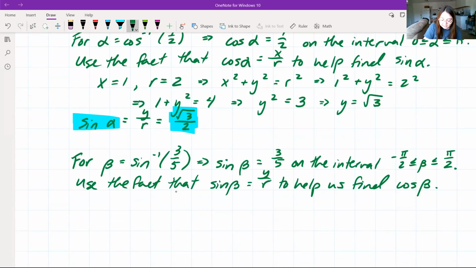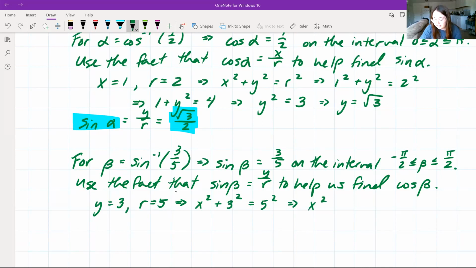So if we're using this fact, this means that y is equal to 3 and r is equal to 5. So we're going to use the equation of a circle, x squared plus y squared is equal to r squared. This gives us x squared plus 3 squared is equal to 5 squared, which, simplifying, gives us x squared plus 9 is equal to 25. We subtract 9 from both sides.